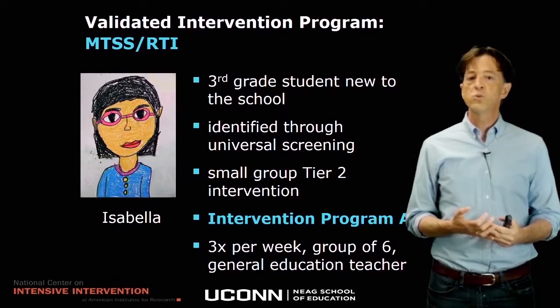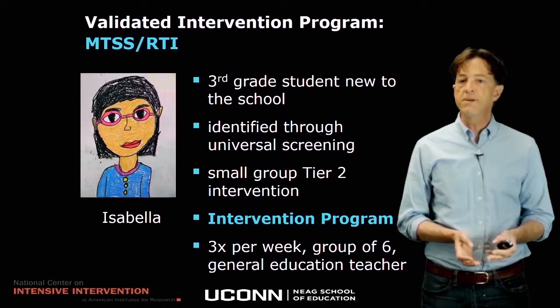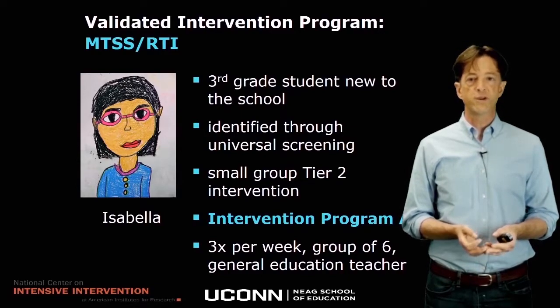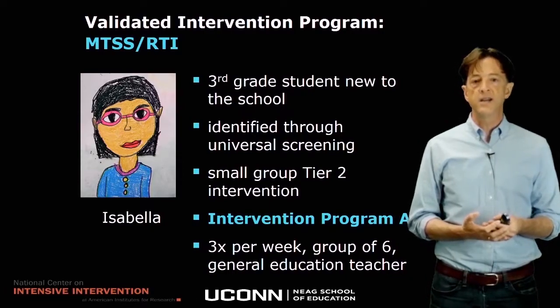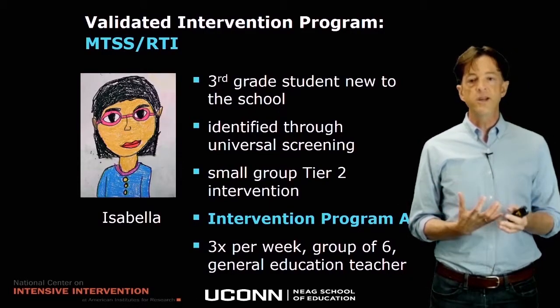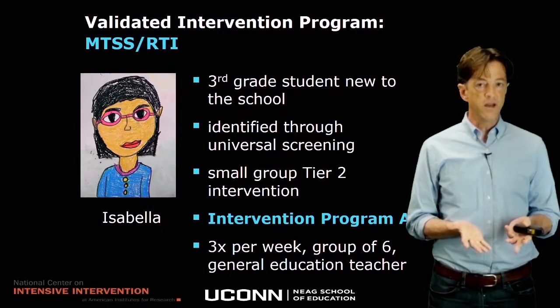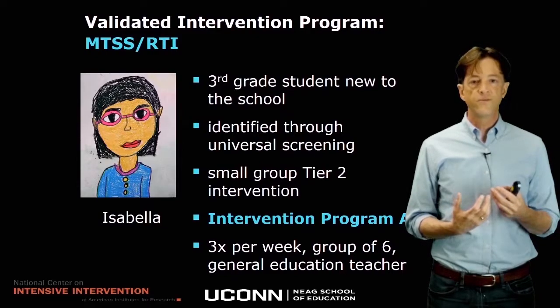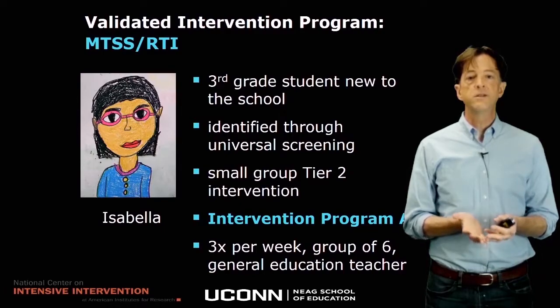And as part of the school's universal screening process, she's been identified as a student that may not be meeting grade level reading goals or is at risk of not meeting grade level reading goals. So the team decides that she needs supplemental Tier 2 intervention. And based on her needs and assessment data, they've decided that Intervention Program A, which is a comprehensive, scripted, systematic program, is going to be best to meet her needs.